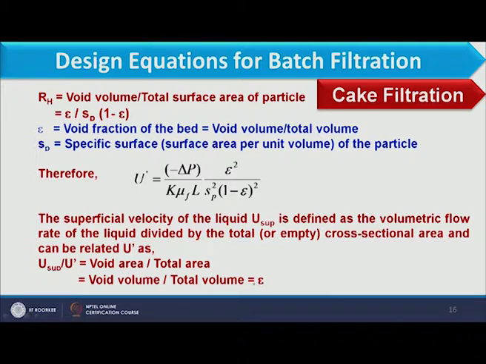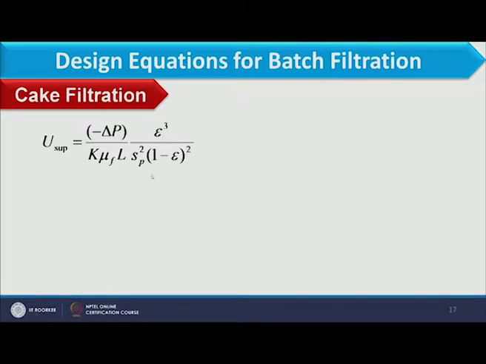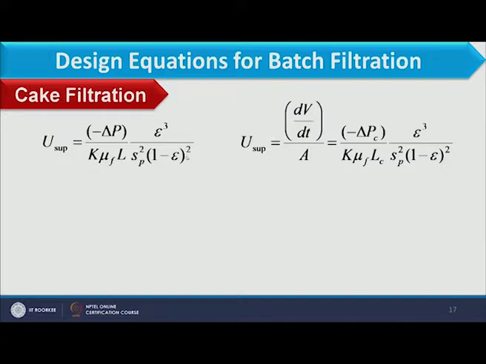So here we have to calculate superficial velocity. So when we multiply this epsilon with U dash, we can calculate superficial velocity, and the expression we can obtain like this. Superficial velocity, according to its definition, that should be dV by dt by A, and that is equated with the expression over here.